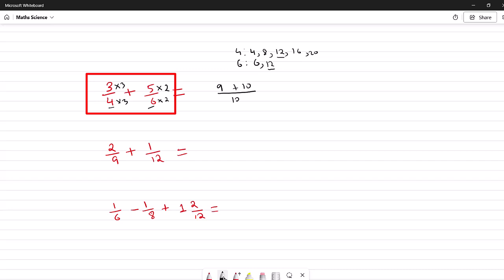Once the denominator is the same, we just write one number. We don't say 12 plus 12. This is because, let's say you have a pizza here, let me draw something, with 4 pieces. If you take one piece, you have 1 out of 4. If you take another quarter, 1 out of 4, and add them, this becomes 2 out of 4, which equals 1 by 2.